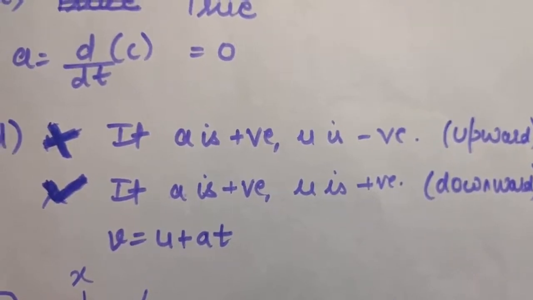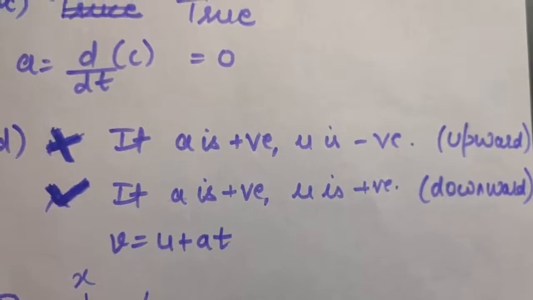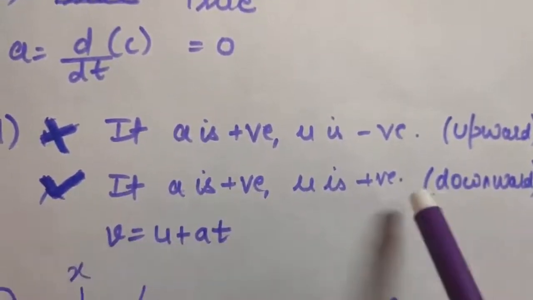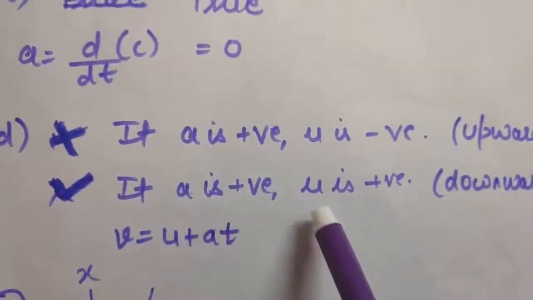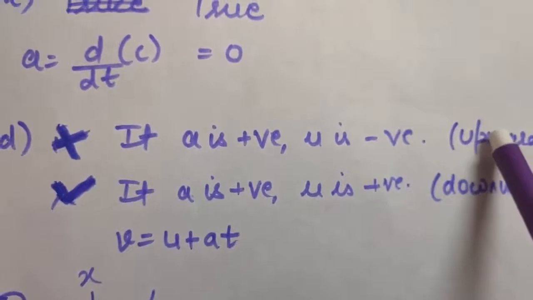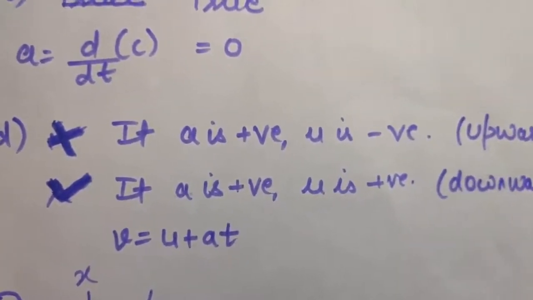And as you know, when the ball comes downward, its speed increases. So in this case, acceleration is positive and it is speeding up. So it is correct when the ball is in downward motion, but this statement is incorrect when the ball is going upward, because in that case, acceleration is positive, but still the ball is not speeding up.